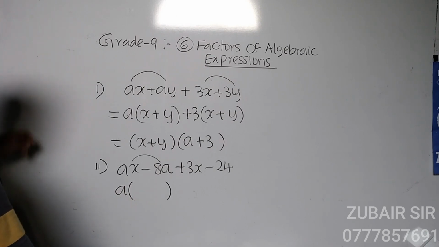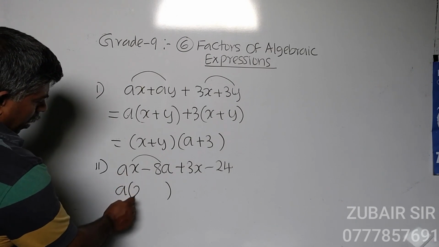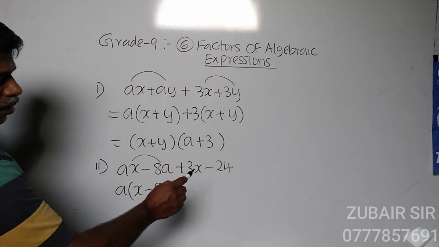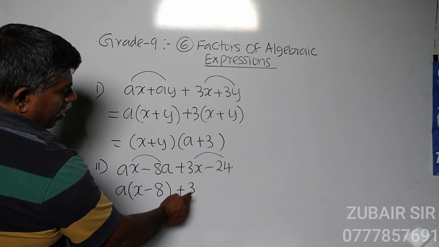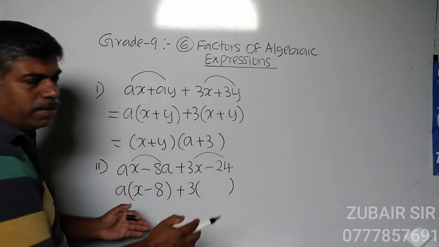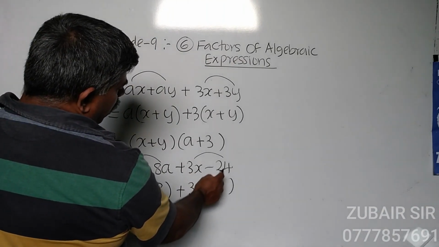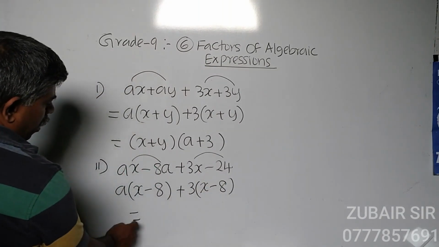If you separate one a, what are the remainders? In this x remains, minus when you separate the a, 8 remains. Now take these two. Then you can see a 3 can be taken as the common one. When you take the 3, here x remains. Minus how many 3's are there? 8. So x minus 8.